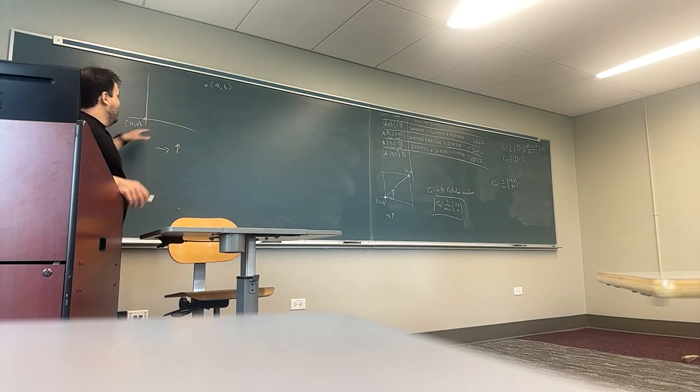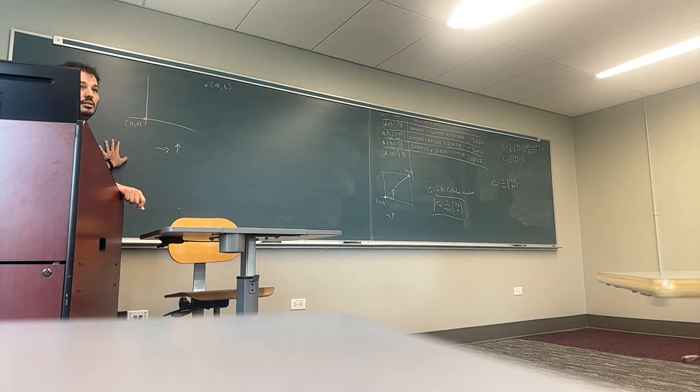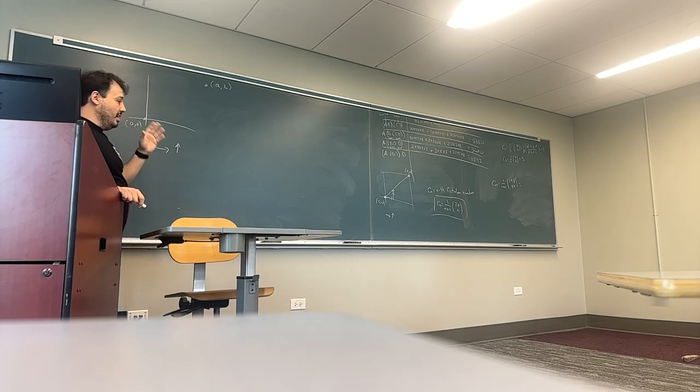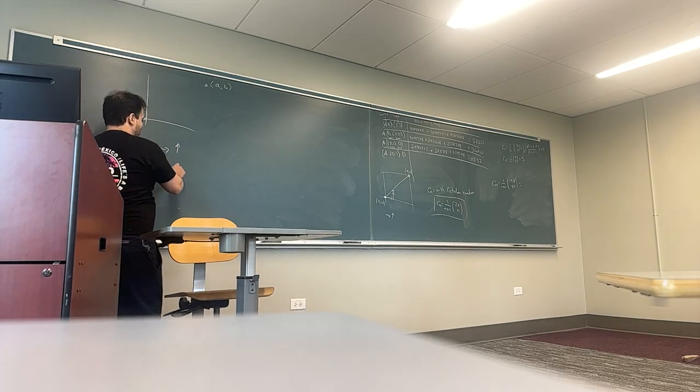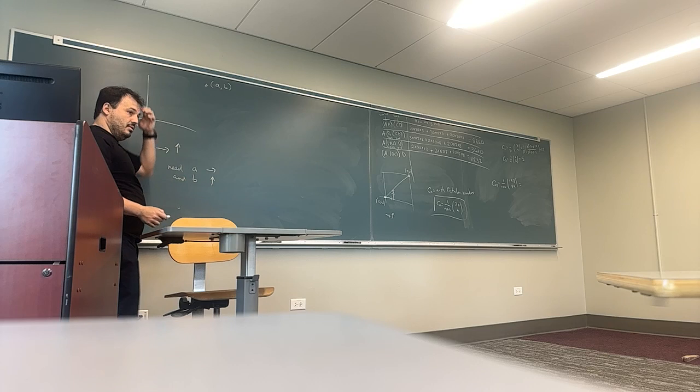If you think about it, to get from here to there, you need A plus B steps, right? In fact, not only A plus B steps, you need A right arrows and B up arrows.